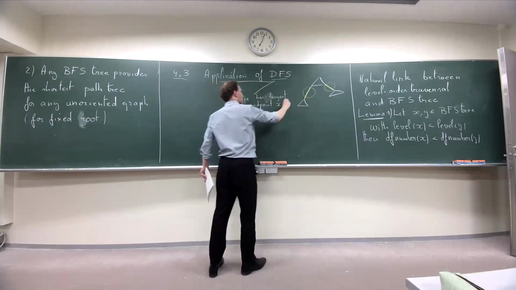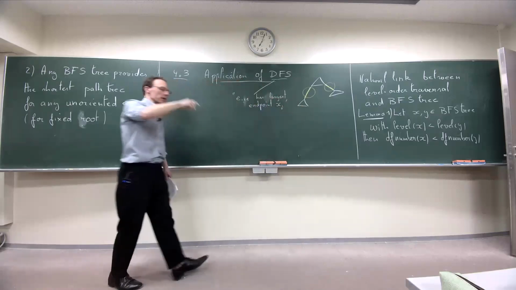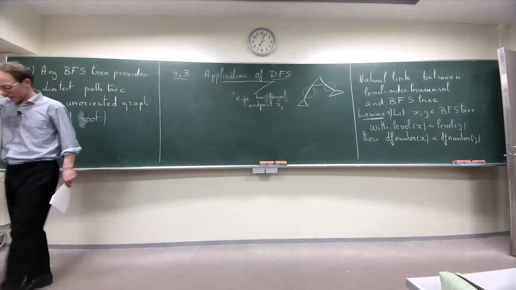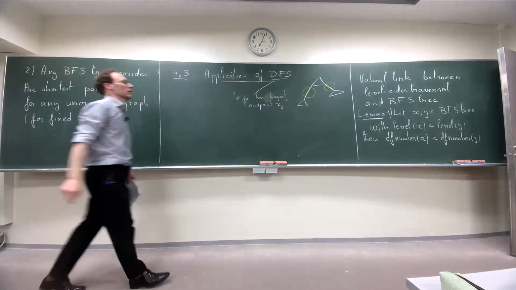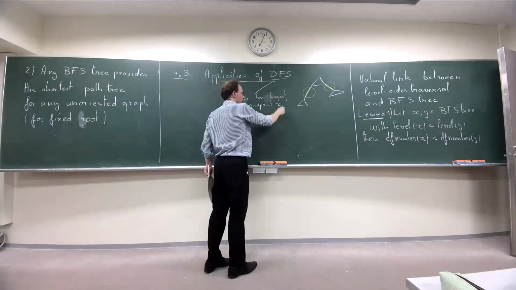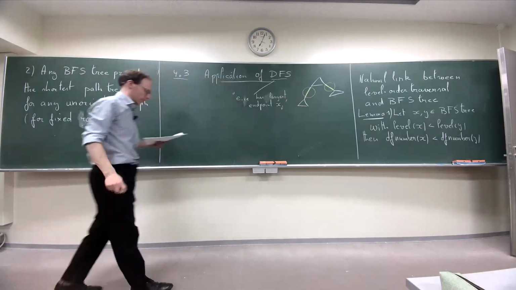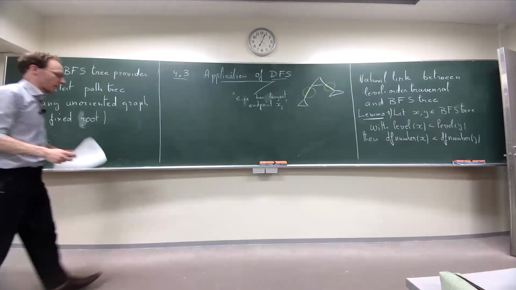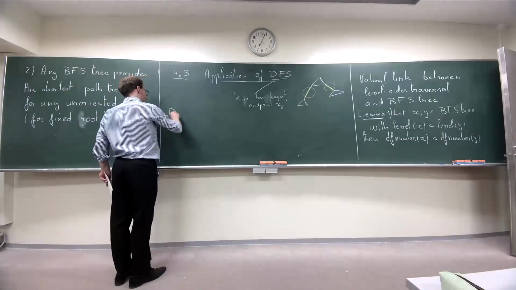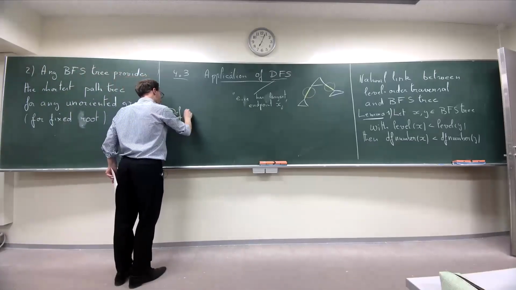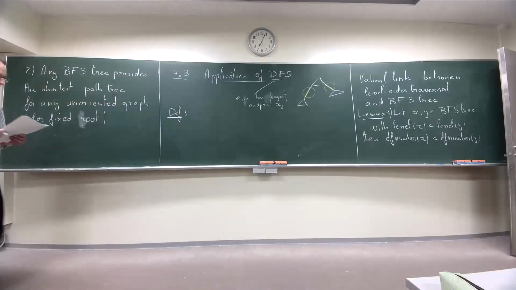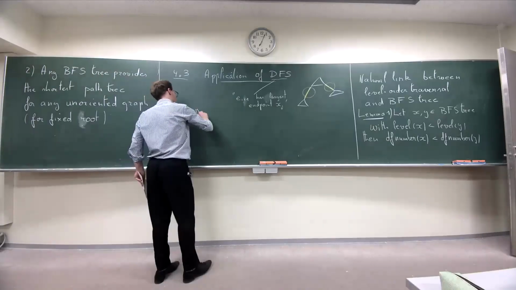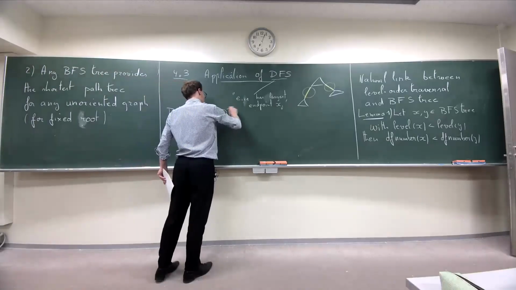Just remember, when you choose a new one, you look at the set of edges of G_i, and you look at the one with the largest endpoint, the largest j. Just keep this in mind. Okay, so one definition in a DFS.